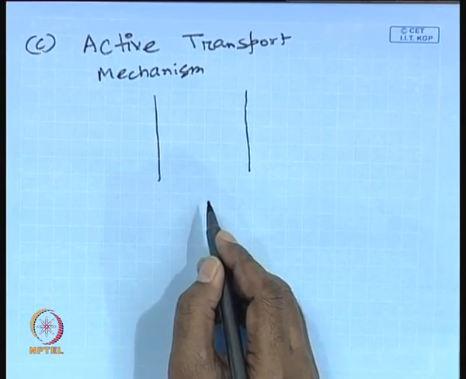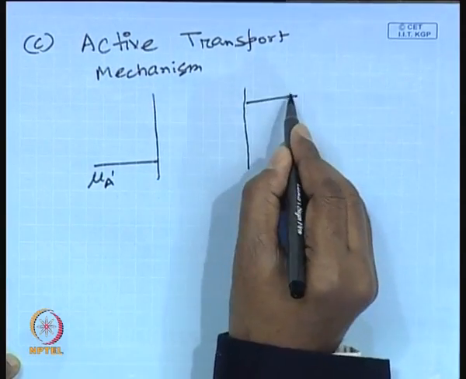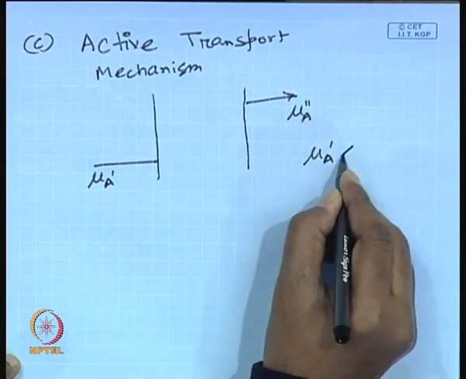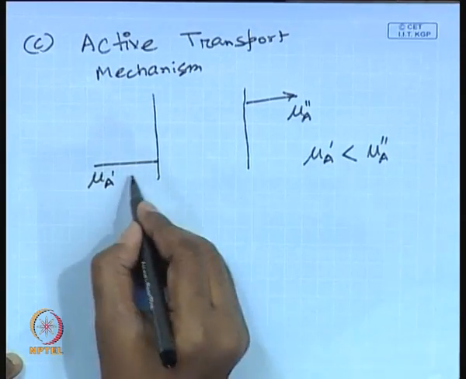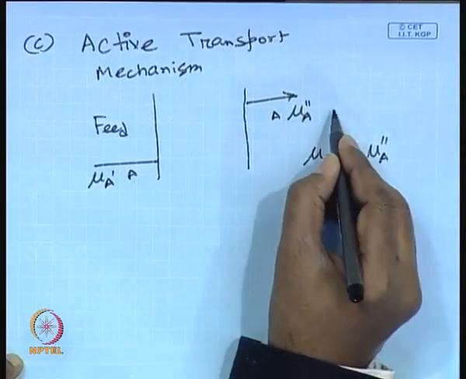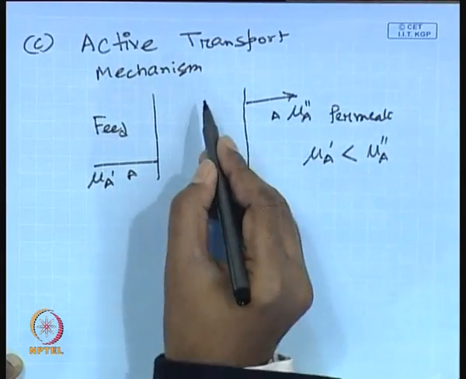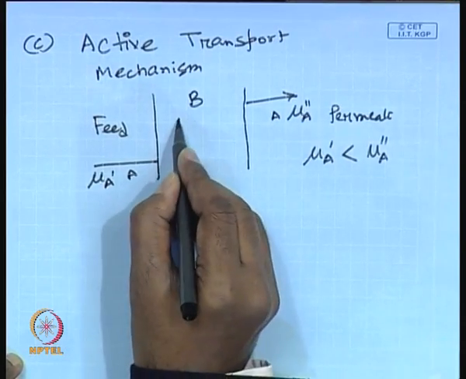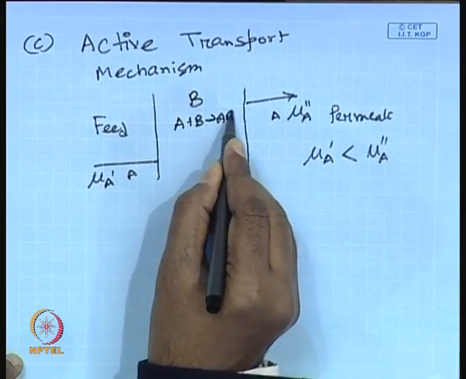That means in the feed side the chemical potential will be lower compared to the chemical potential in the permeate side. So, mu A prime is much less compared to mu A double prime. How can it happen? The species A gets transported from the feed to the permeate side. Here also there is an agent present within the membrane phase and there is a reaction going on, A plus B going to AB. Okay.